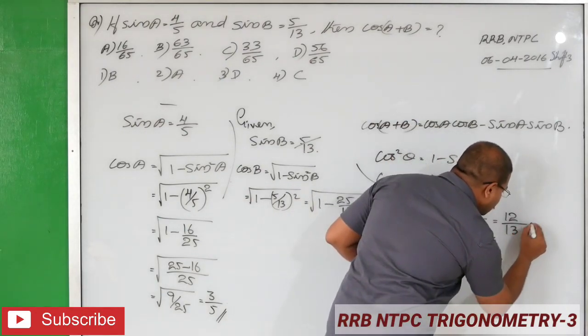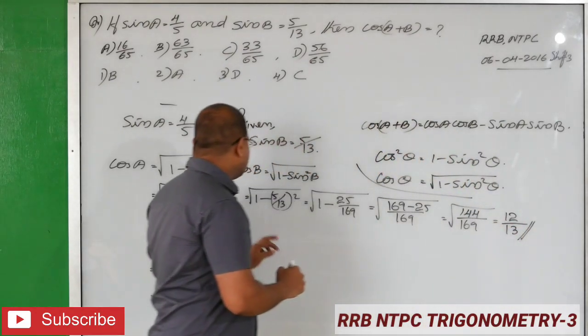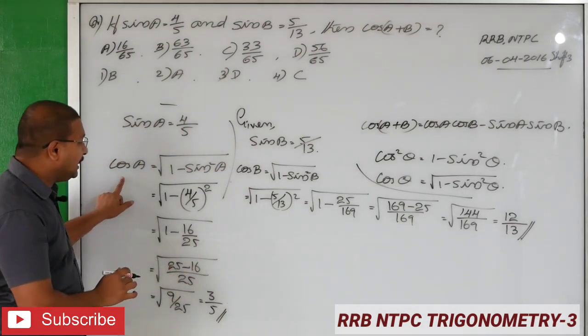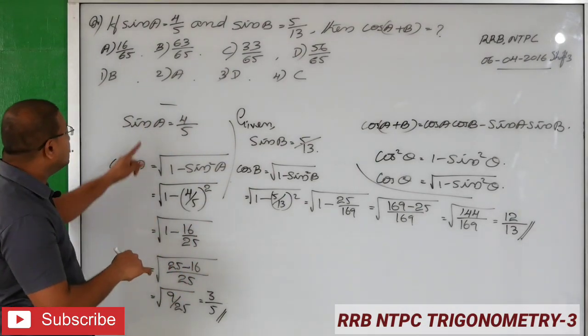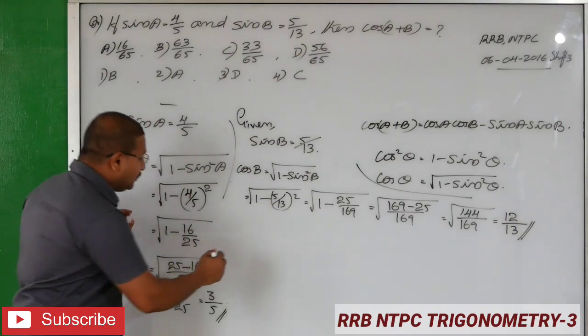So we got cos B. Now we have cos A and cos B, and we already have sin A and sin B. Now what will you do?